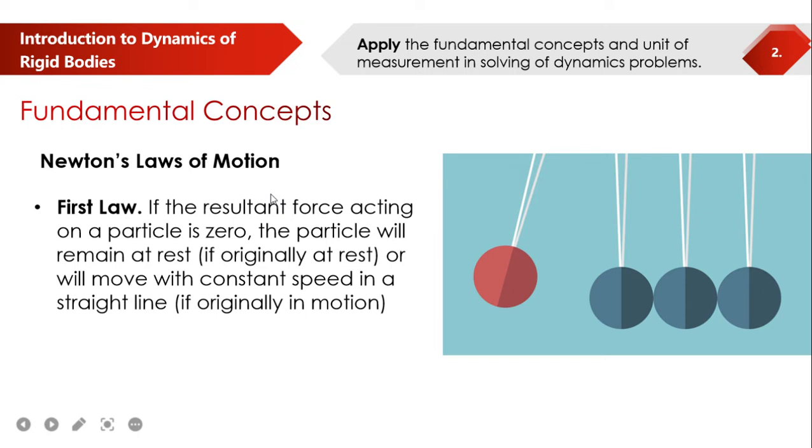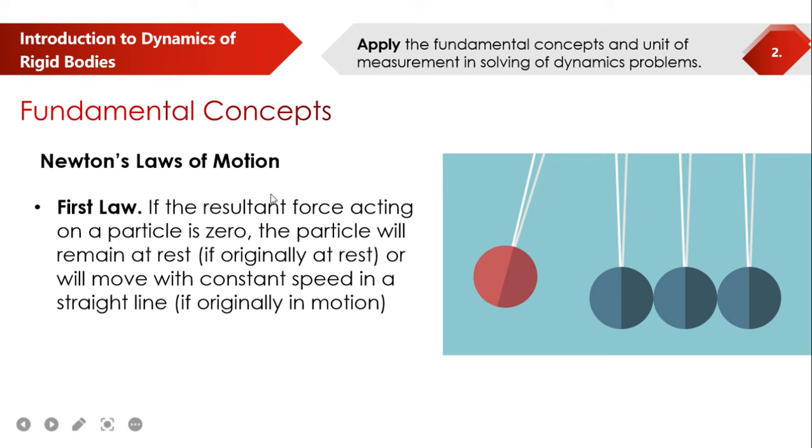Next is another fundamental concept that is really useful to understand dynamics: Newton's laws of motion, and there are three laws. We already know that. The first law says that if the resultant force acting on a particle is zero, it will never move. If there is no force acting on a specific particle, it will remain at rest if originally at rest, or if moving, it continues with a constant speed in a straight line.